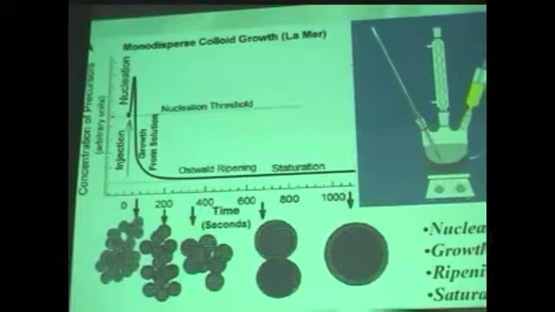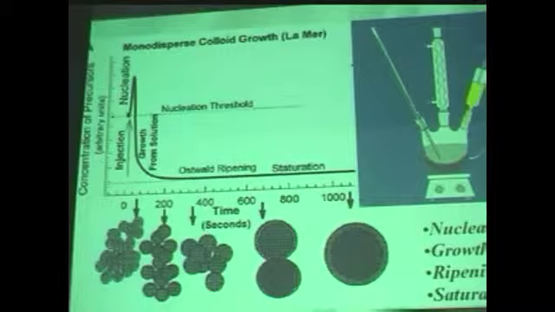So we start by injection of our precursors in the reaction flask, in the reaction mixture. First of all, in this reaction mixture, the reaction produces the nuclei of our nanoparticles, and the concentration of our precursor will decrease.